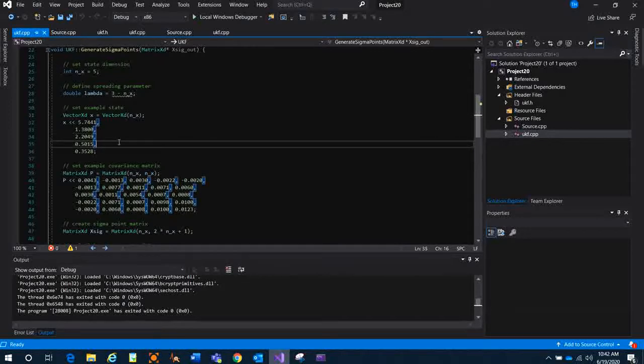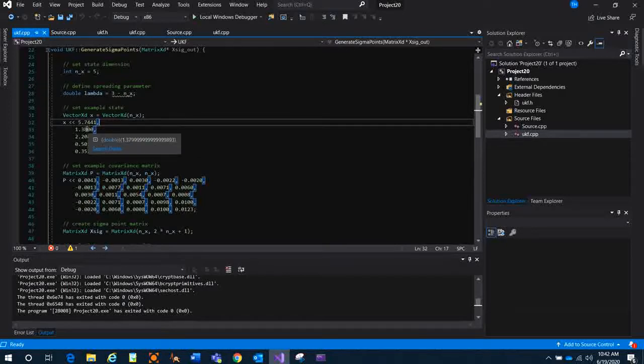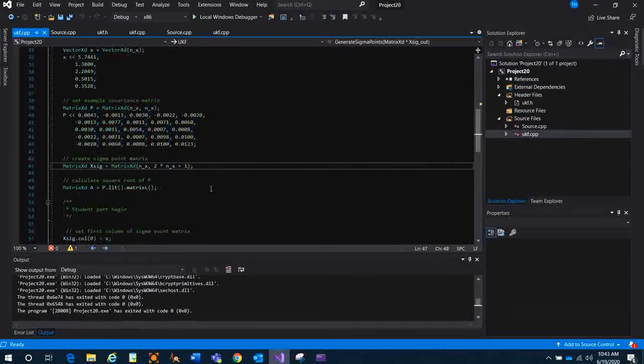For the first time we have PX, PY, V, yaw, and yaw rate, and we get a covariance matrix, 5 times 5 right here. And we create the sigma point matrix.